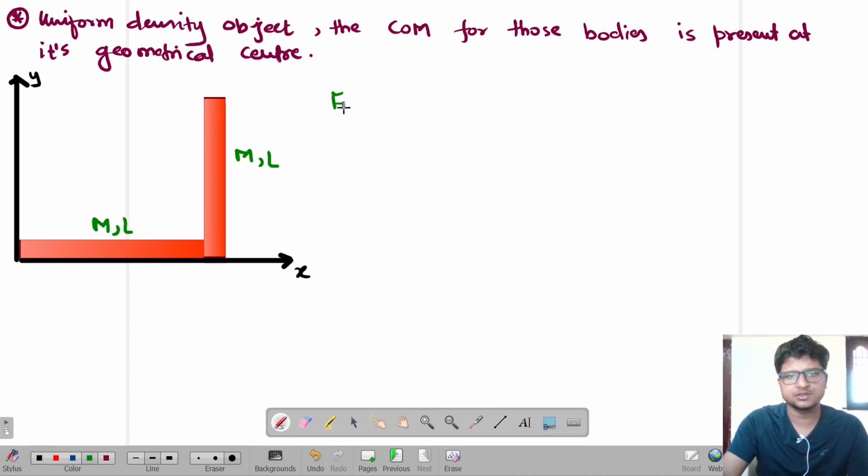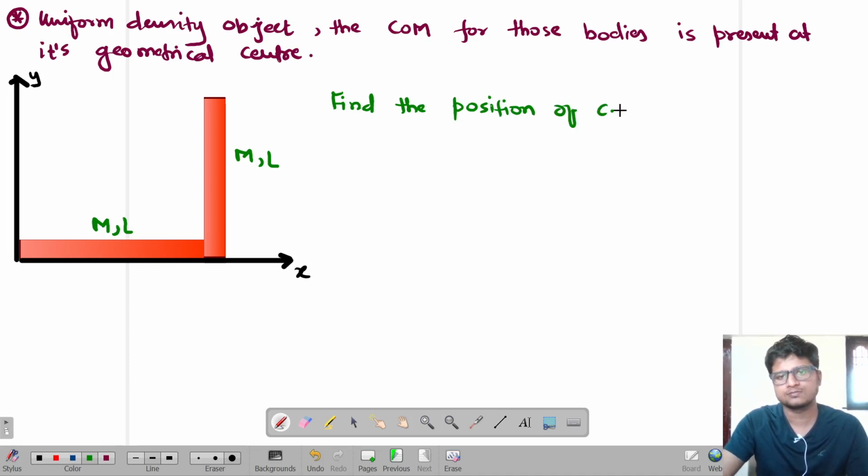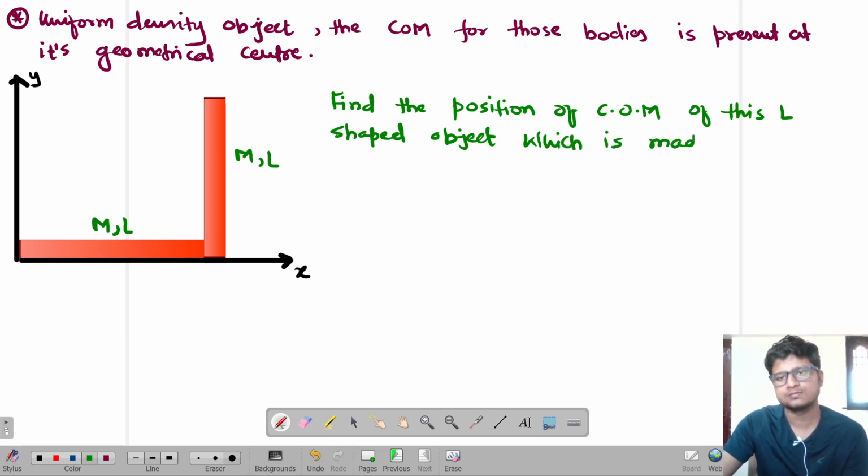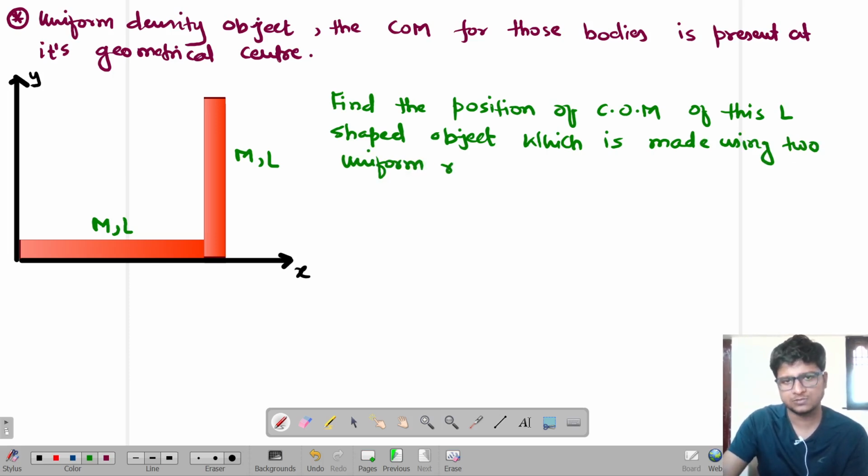Question is very simple. Find the position of COM of this L-shaped object, which is made using two uniform rods. It's easy only.